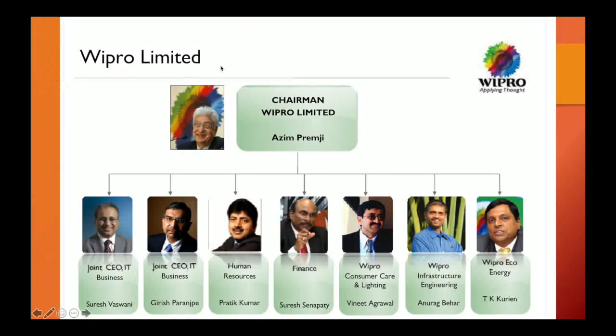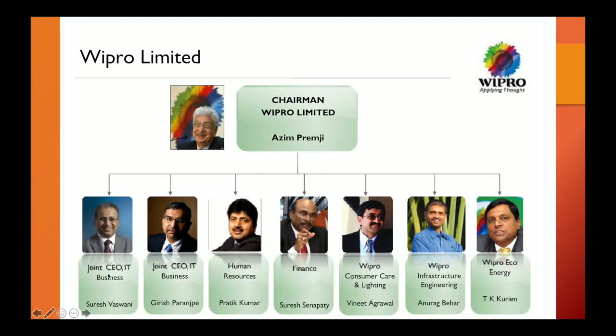Again, I have taken here the example of the Wipro company. Who is the head of Wipro company? You all know it, no? Azim Premji. Now, under him, there are these people who are working in that organization. They may be called together the board of directors, so there are some functions of the organization which are being headed by these different people.